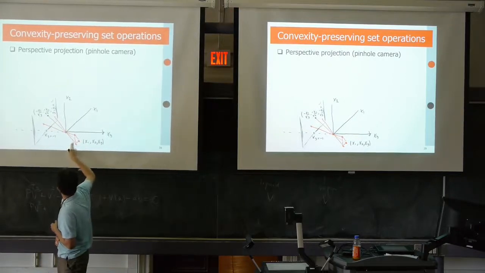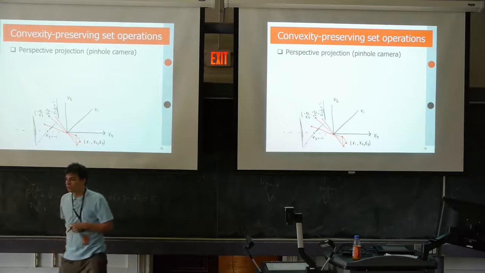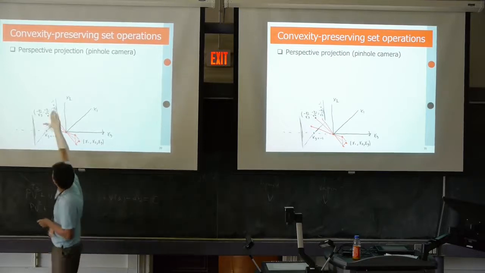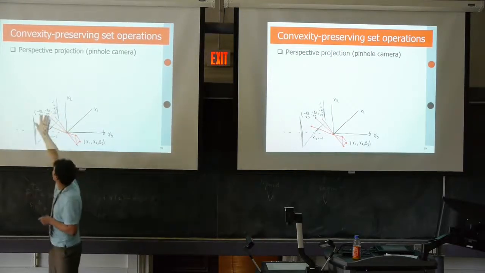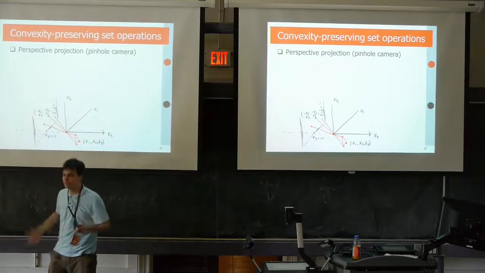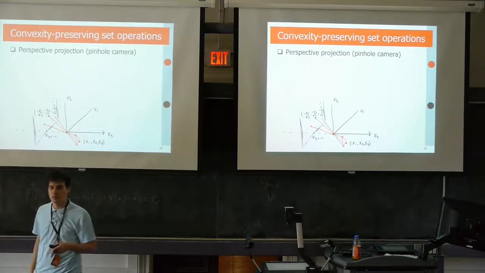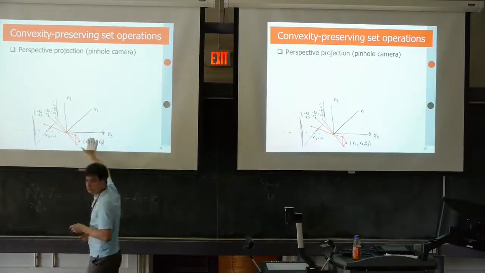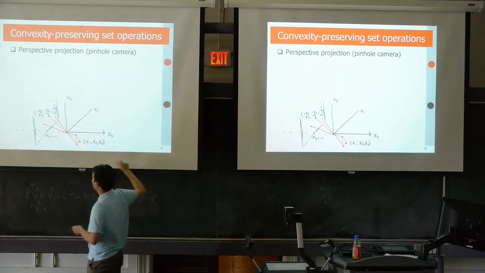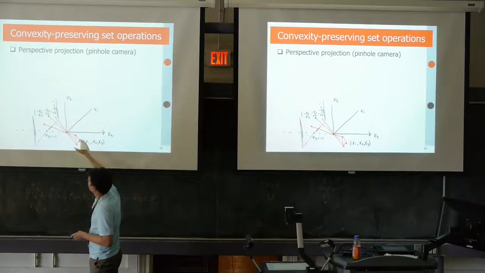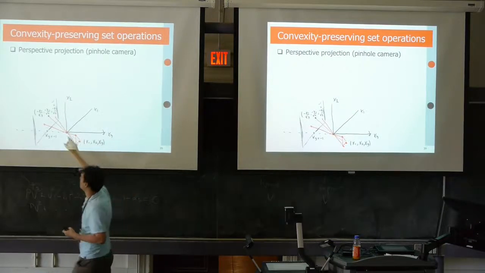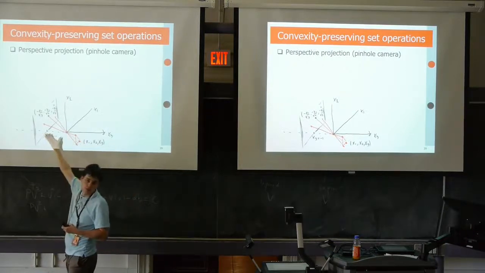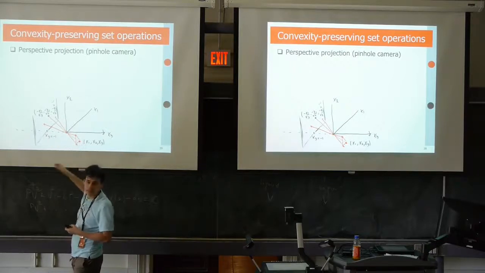Right? So that will be the new coordinate. And we just forget this one and multiply this with -1, and that's what we mean on projective mapping. So if you have a convex object here and you take the image using this pinhole camera, then the shadow of this object will be convex as well.